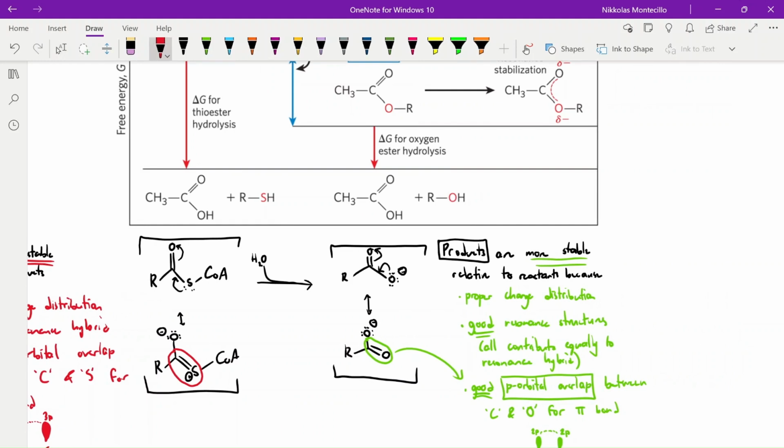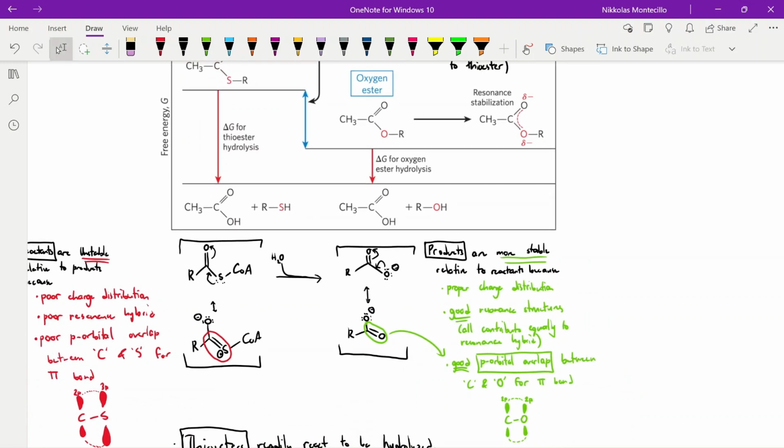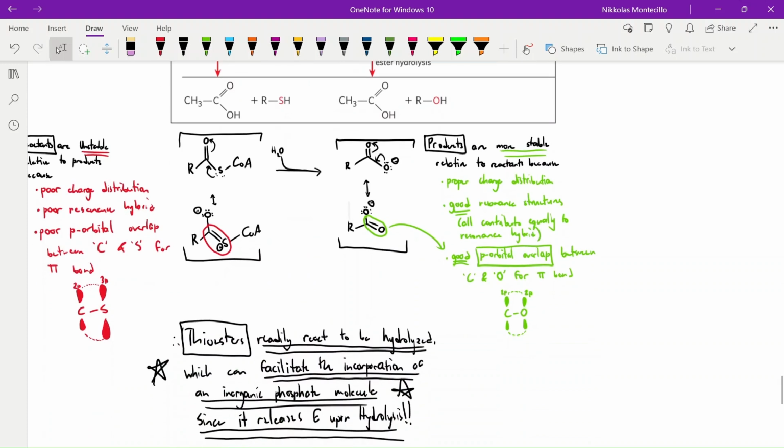There's proper charge distribution, meaning that the charge resides on the appropriate atom, in this case the oxygen. There's good resonance structures, and in this particular case, all resonance structures contribute equally to the resonance hybrid, and there's good p orbital overlap between C and O for the pi bonds.